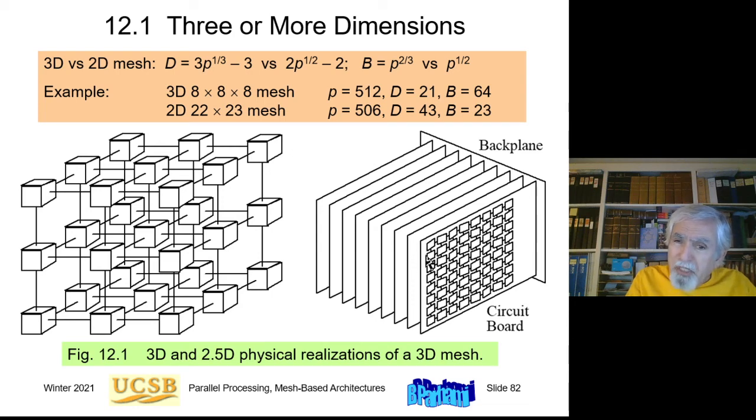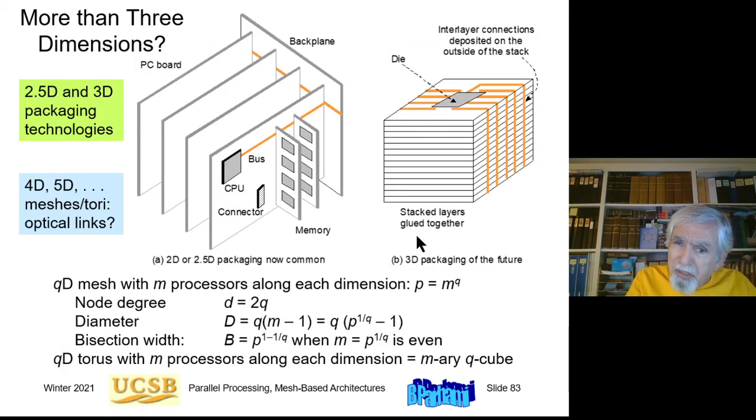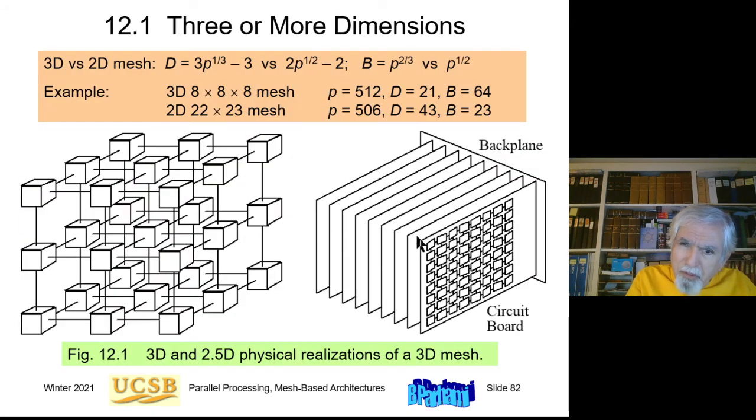There are some suggestions that perhaps we can connect this processor on this board to the corresponding processor on the next board using optical interconnect. That's feasible, but it's not cost effective at present, because it requires a lot of circuitry to basically implement the optics, optical transmitter, optical receiver, and so on.